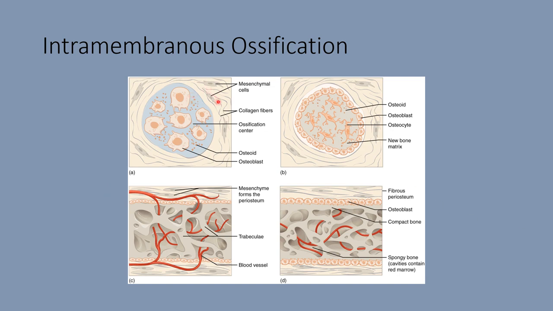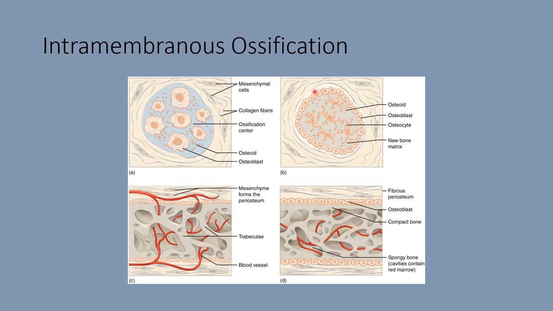Here is just showing you mesenchymal cells, your collagen fibers that are present in this membrane, because it's a type of connective tissue. And here you've got your osteoblasts. They start to secrete this matrix, which we call the osteoid. So now what's happening is it's starting to harden.